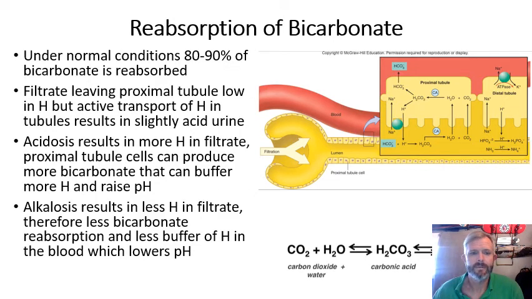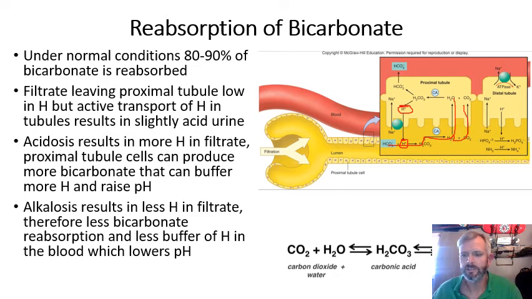All right, so under normal conditions, most of the bicarbonate is reabsorbed. There's very little that goes into the urine. What happens when my blood is acidic? I'm going to have higher levels of this. I want more bicarbonate reabsorption. If I have higher levels of this, I'm going to be able to convert more. There will be more of this out in the lumen, and there will be more chances to make this process take place.